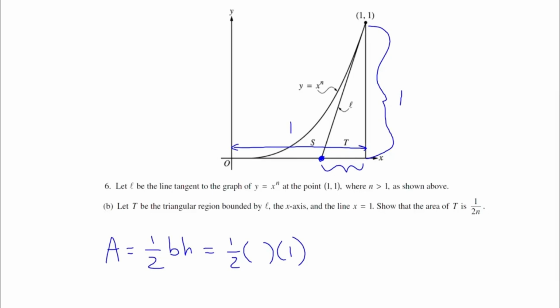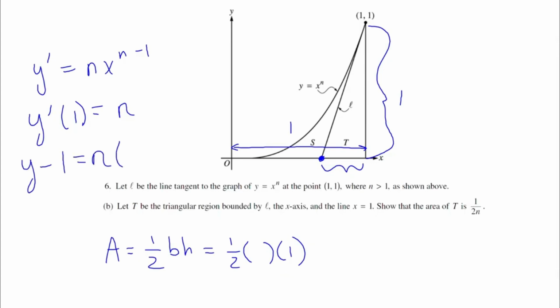And so the slope of the tangent line there, like we said, is just the derivative. y prime is just n x to the n minus 1. And if I evaluate that at 1, we just get n there. So we know that the slope of that line is n. And if the slope of that line is n, we can write the equation of the tangent line: y minus 1 equals n times x minus 1.